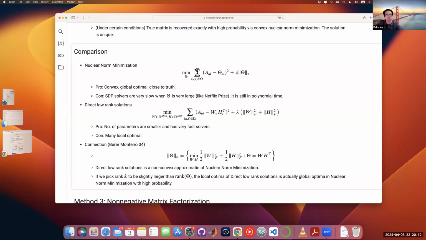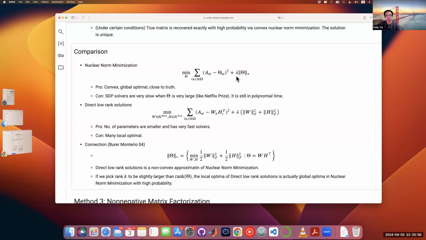But this nuclear norm minimization has several good advantages which the direct solver of the low rank solution doesn't have. One is that this problem is strictly convex, not only convex but strictly convex, and also has a global optimal solution, and that solution will be very close to the truth, right? That's exactly something that you are looking for. But the problem is, this is usually solved by, as I said, SDP, semi-definite programming.